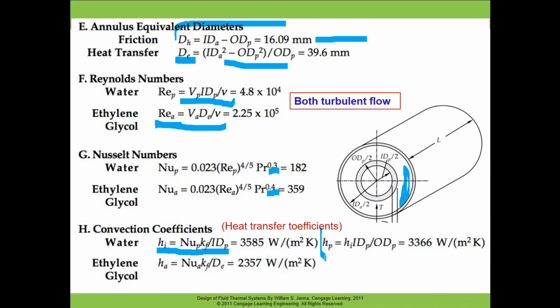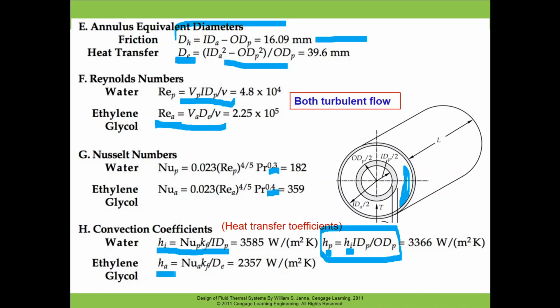Then we put this relationship: the heat transfer coefficient for the pipe is equal to the heat transfer coefficient HI inside multiplied by IDP divided by ODP. We use this expression to find out the HP. So first you find out HI and then substitute the HI here and then you find out HP. The pipe side heat transfer coefficient comes out to be 3366 watt per meter square Kelvin.